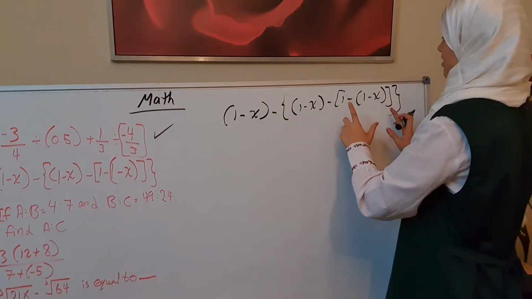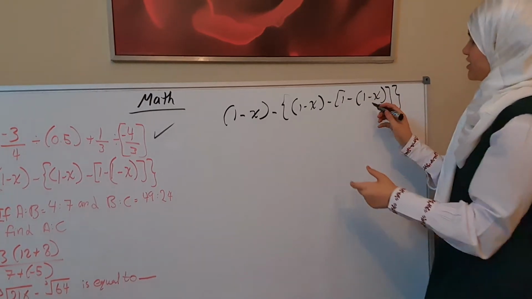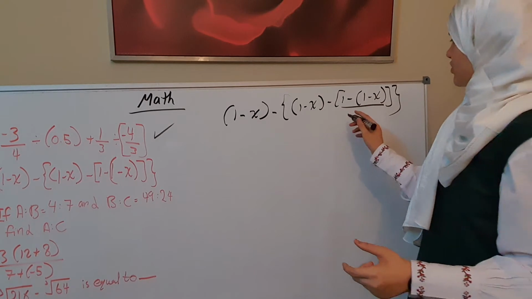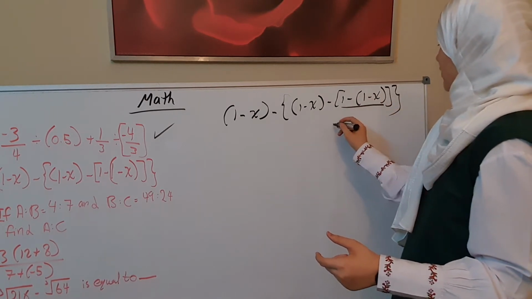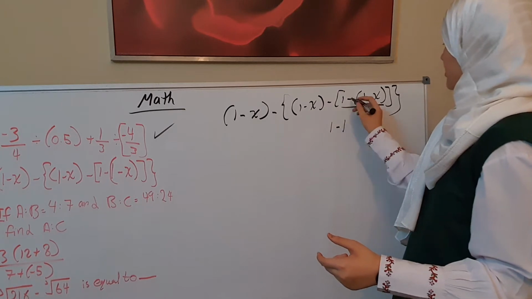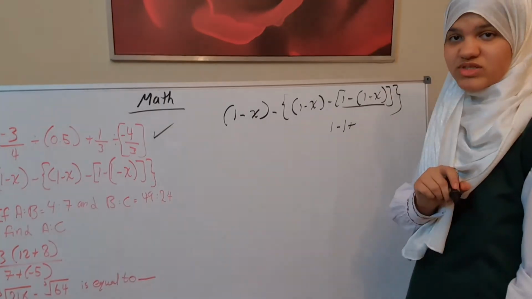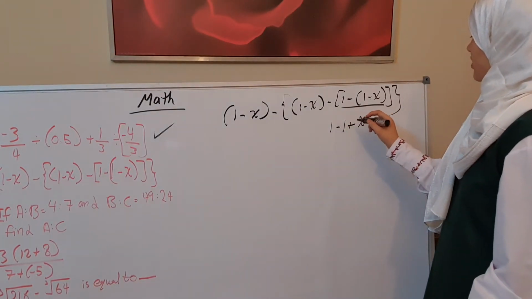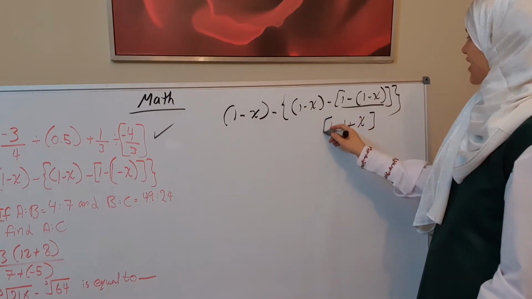So first thing, we'll finish this bracket because it has a bracket inside. That means we'll finish this part first. Now what we do here: negative times 1 will be negative 1, so it will be 1 minus 1 plus, because negative times negative is positive, after that it will be 1 minus 1 plus x, then the big bracket.